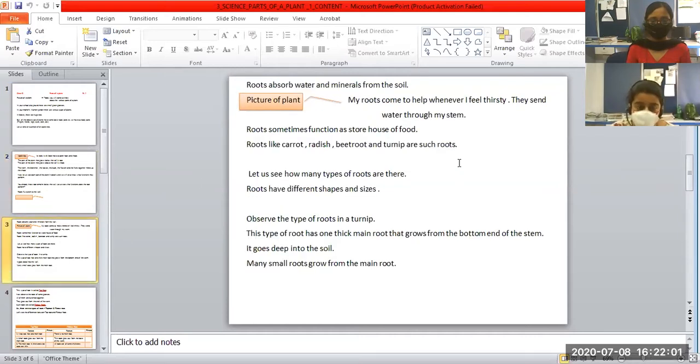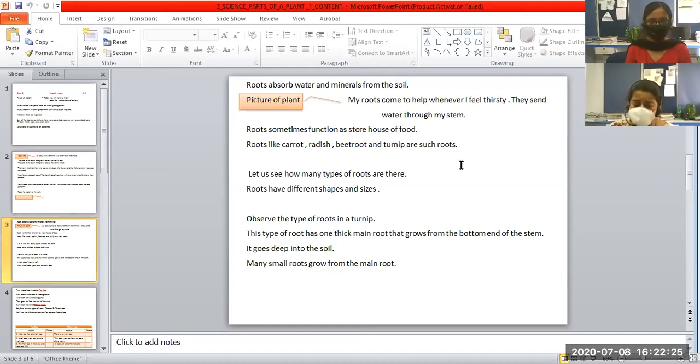Apart from that, the roots also absorb water and minerals from the soil, which is required by the plants for photosynthesis. Now apart from these two functions, the roots also sometimes function as a storehouse of food. That means they store food inside them. For example, carrots, radish, beetroot, turnip, etc.